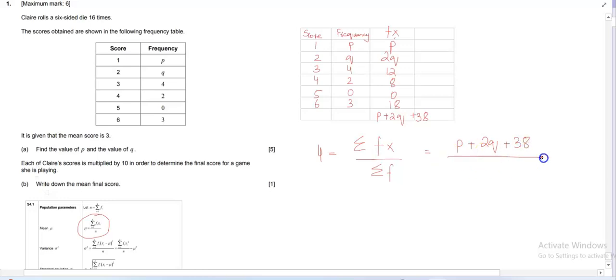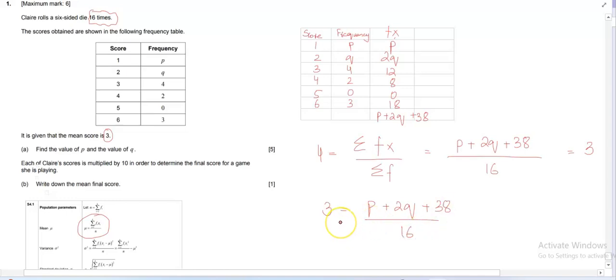Now the sum of the frequency: this experiment was done 16 times, so that is what we have. And the mean score is given as 3, so this ultimately becomes 3 equals p plus 2q plus 38, divided by 16.